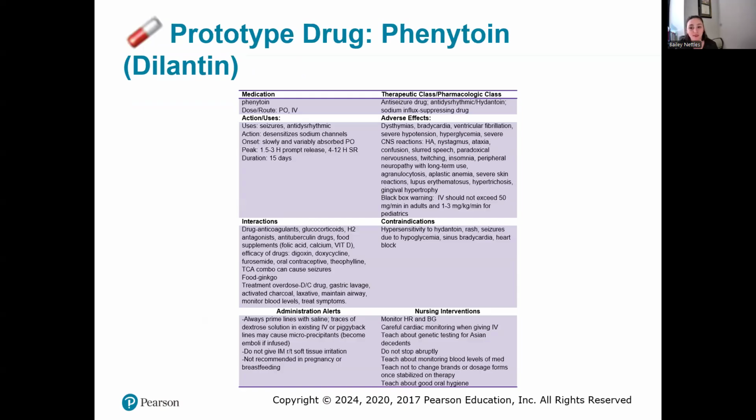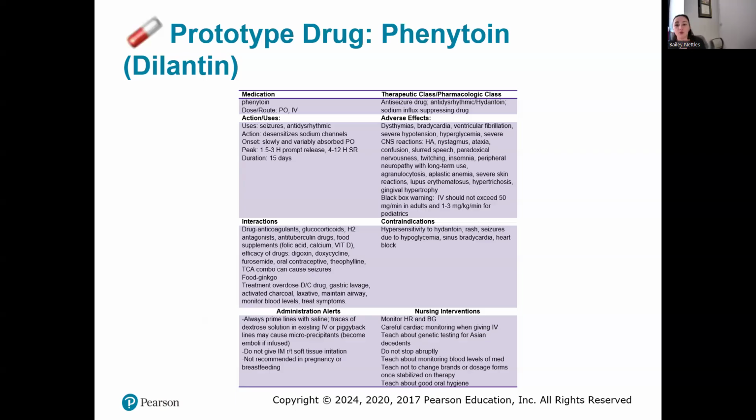You can have severe hypotension, hyperglycemia, headache, nystagmus, which is when your eyes twitch, ataxia, which is abnormal gait and trouble moving, confusion, slurred speech, paradoxical nervousness, twitching, insomnia, peripheral neuropathy, agranulocytosis, aplastic anemia. You can have skin reactions. You can have gingival hypertrophy, which is like gingivitis, so your gums swell.